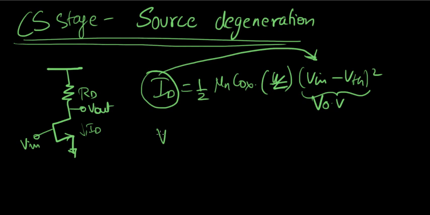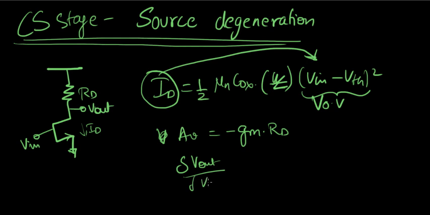Now let's write the equation for gain, shall we? AV is minus GM times RD for the circuit. And if you write these in terms of what they stand for, AV is the change in output voltage over the change in input voltage, which is the negative of the change in drain current for a change in VGS, but again that is V in for the circuit, times RD.